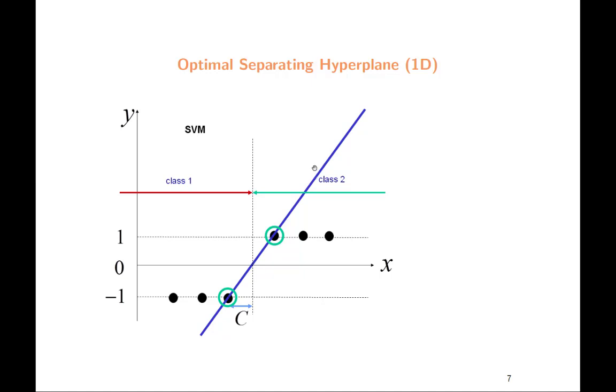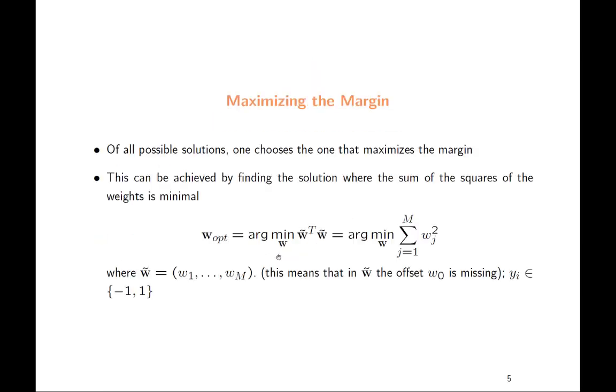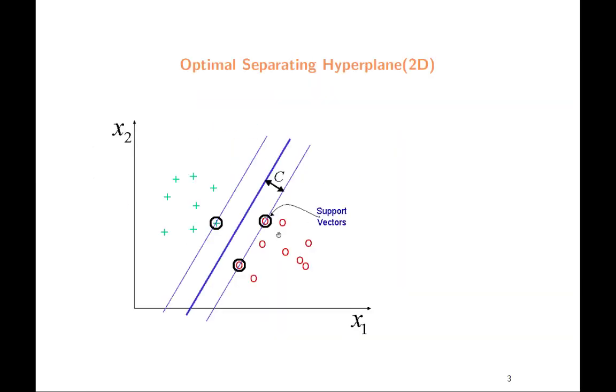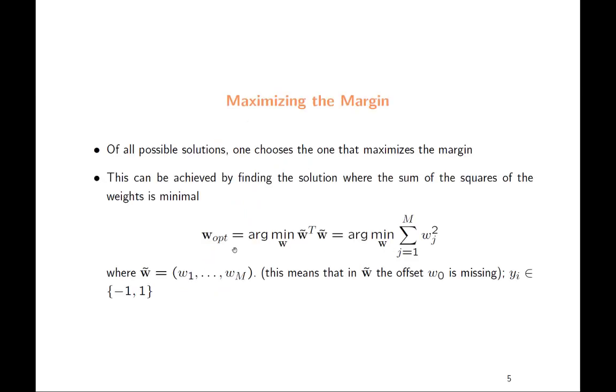But if we minimize the slope here, so we take the one with the smallest slope, we automatically hit these support vectors here, and the distance of the point where the transition is from negative to positive has the largest distance to the data points. So this is the way we can formulate this intuition into a cost function we can then solve.